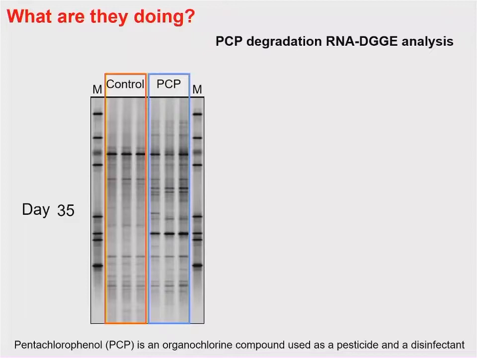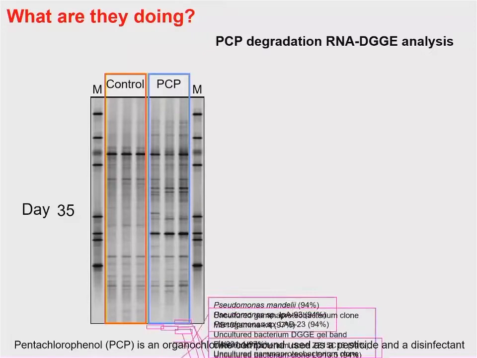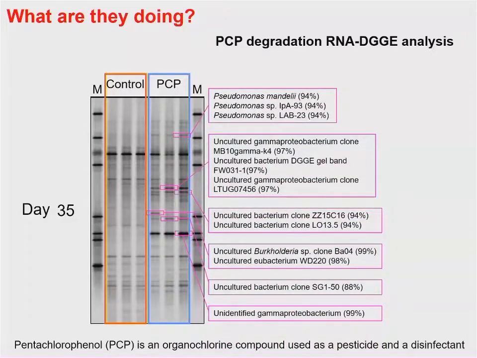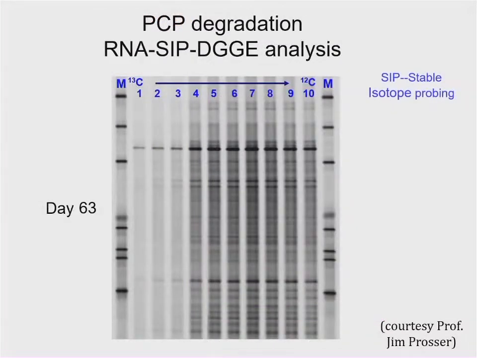And then we cut the band and do the sequencing, and then we can know which microbial community is involved in the PCB degradation. Furthermore, if we are not sure, we can use what we call stable isotope probing. We label the PCB using carbon-13. So if the carbon-13 is incorporated into the microbial DNA, those microbes must be involved in the degradation.